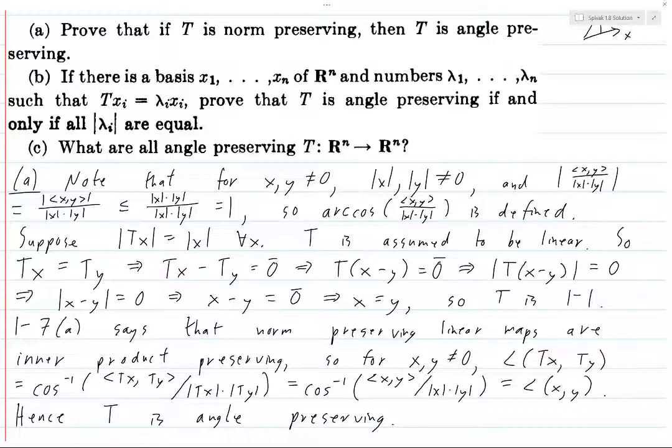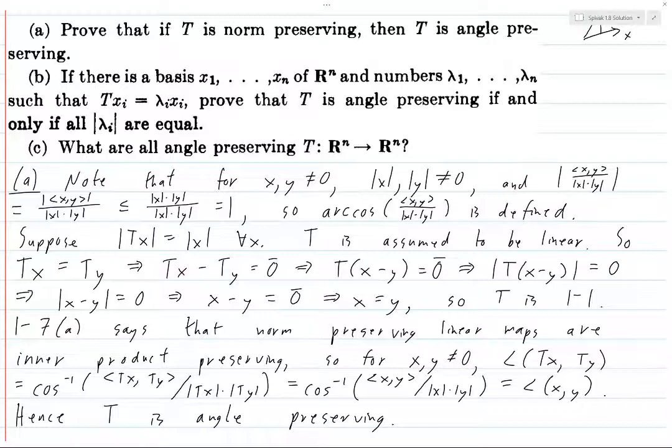It turns out, I think there is a statement which is equivalent to T being angle preserving, but instead of referring to the norms of the eigenvalues, I think it involves the singular values.